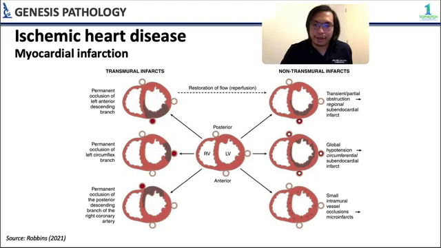Kapag anterior, ano yung ECG leads na magkakaroon ng ischemic changes? Left anterior descending artery. Usually, that's your V1, sorry, actually V2 to V4, no? Pero V1 minsan nasasama yan kasi the septal wall is actually also supplied by your left anterior descending artery.